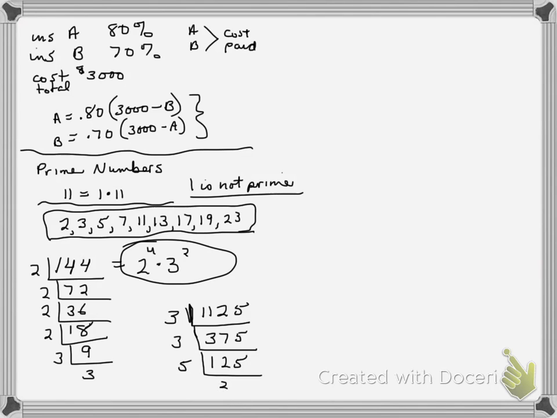And that'll go in 2 and 5. And 5 goes in again for 5. Now I have all primes as my dividers. So I can write 1125 as a product of primes, 3 squared times 5 cubed. And that's all there is to it.